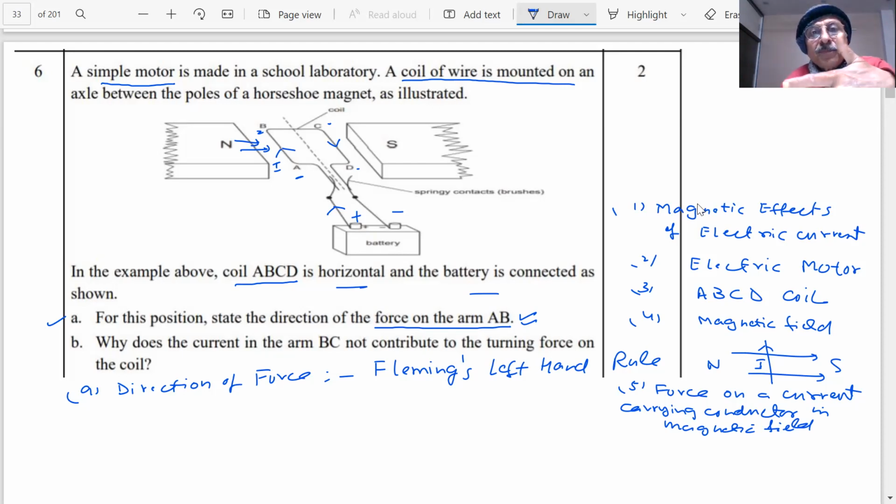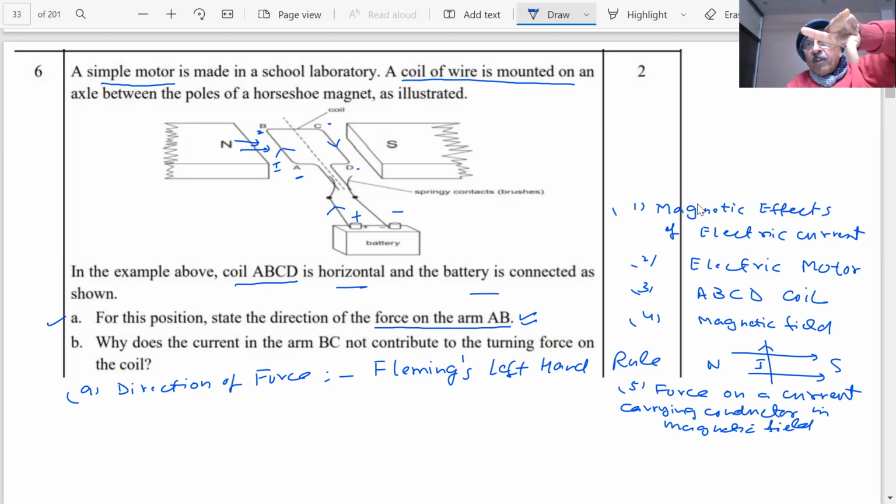How do you apply it? We already know, student, that if I consider this is my left hand, and this is the direction of the magnetic field, and this finger is the direction of the current, then my thumb is giving me the direction of the force, student. If you have any doubts, you can check the NCERT book, student.